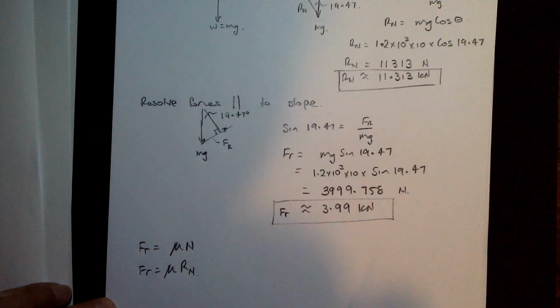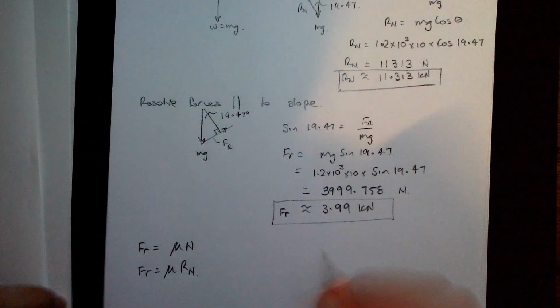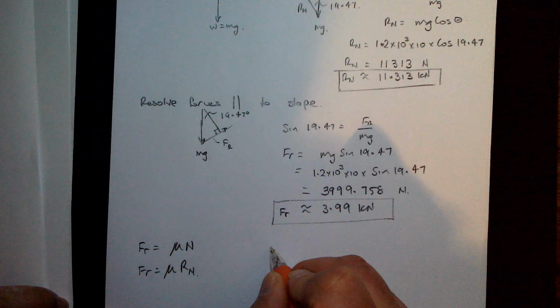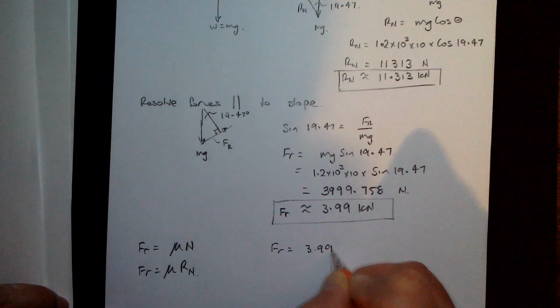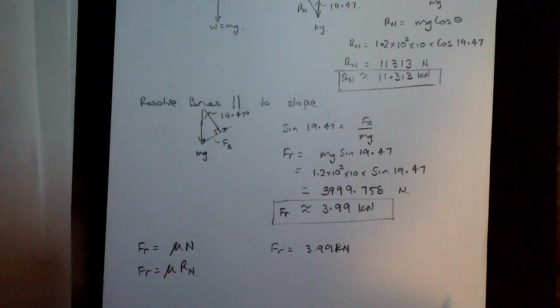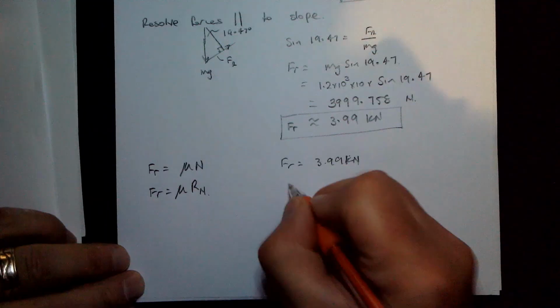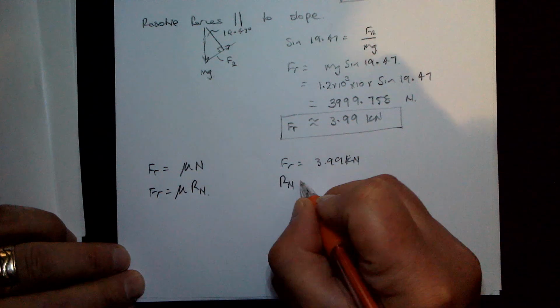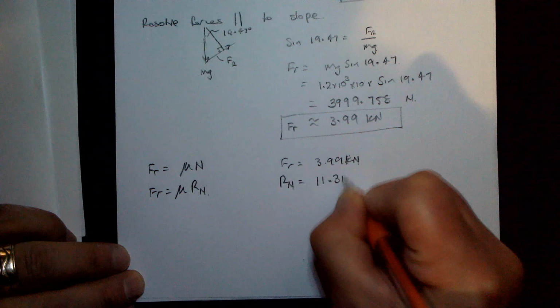We're trying to find mu. We know that FR equals 3.99 kilonewtons, and the reaction in the normal direction is 11.313 kilonewtons. We don't know what mu is.